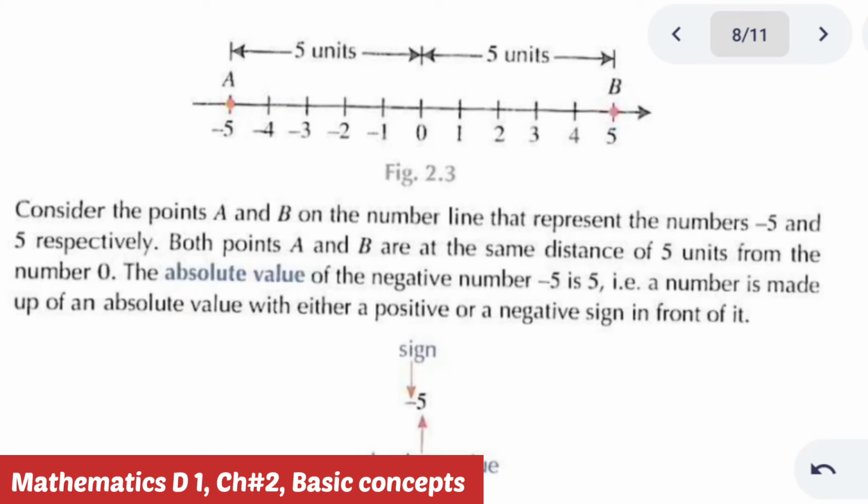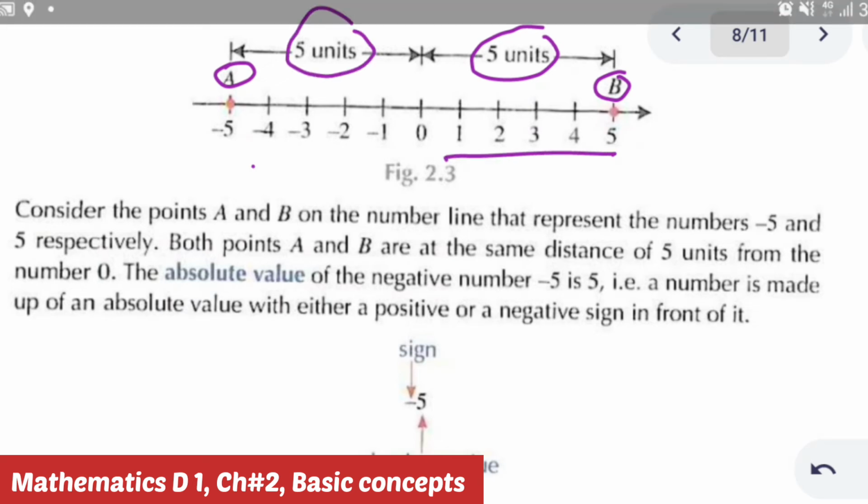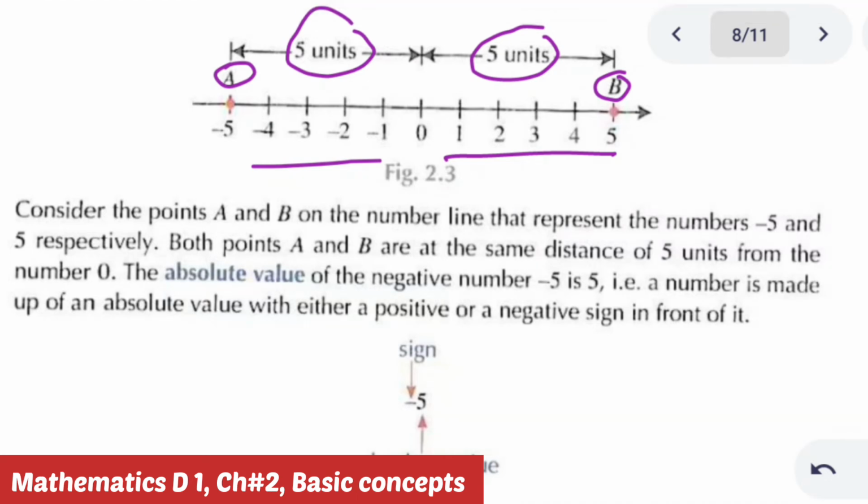Again we have a number line in which different numbers are arranged along with two points, A and B, and both of these points are 5 units apart from the 0. Point A is 5 units apart from 0, and plus 5 is also 5 units apart from 0.